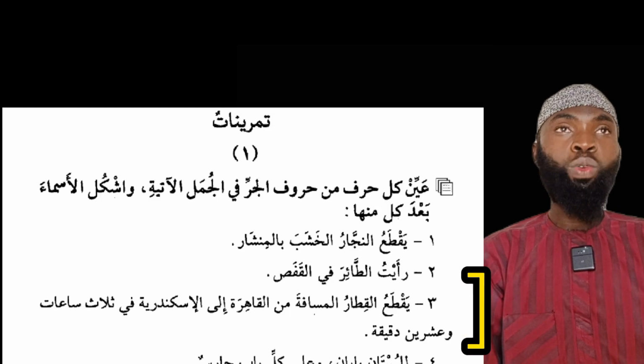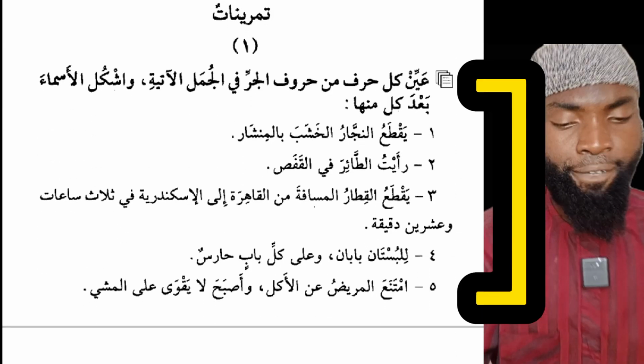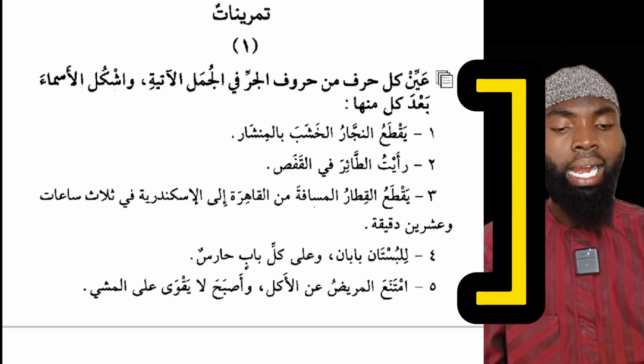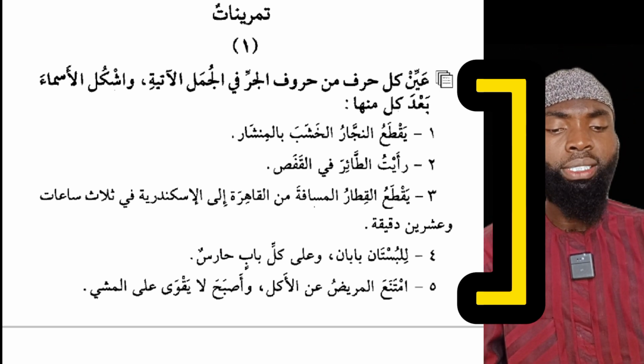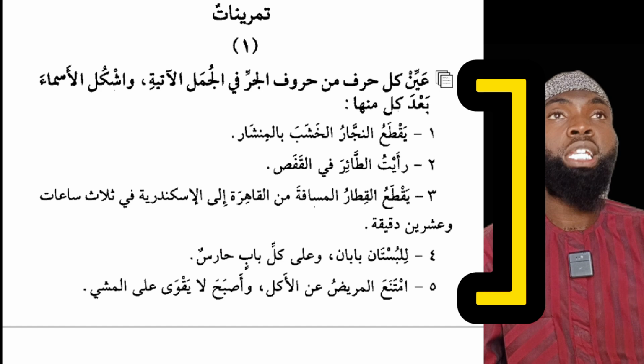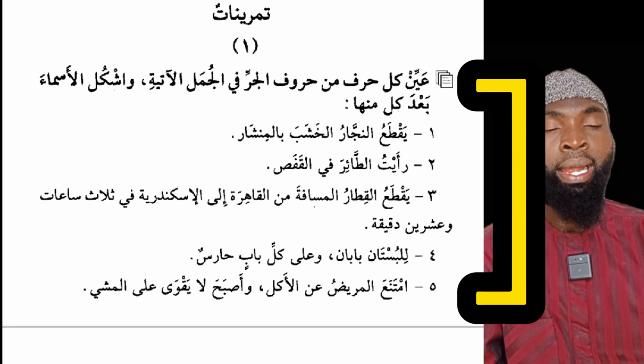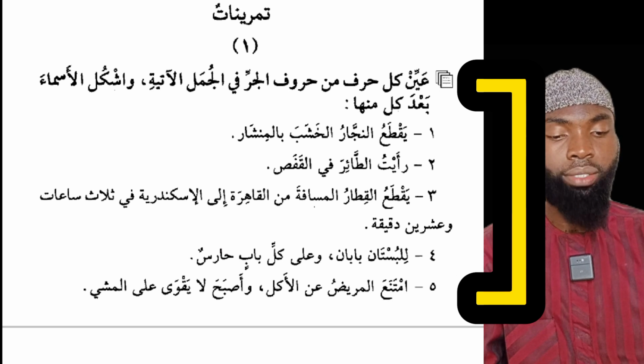Moving on to tamrinat, we have exercises to better understand. The first exercise, the instruction says, ayyin kulla harfi min huruf al-jarri fi al-jumal al-atiya. Identify all of the prepositions which put a noun into the kasra state, into the genitive case, washkul asma'a ba'da kulli minha, and make sure you record the ending of the nouns which appear after these prepositions.